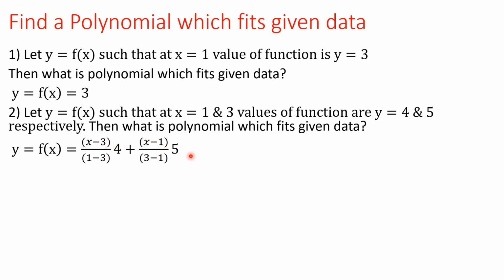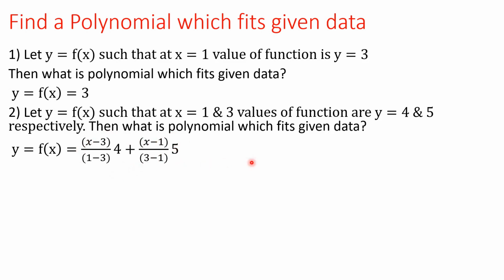So this is a technique here. This first term you have to design such that when you put a value of x other than 1, this term should vanish. And when you put x is equal to 1, all other terms except this first one should vanish.